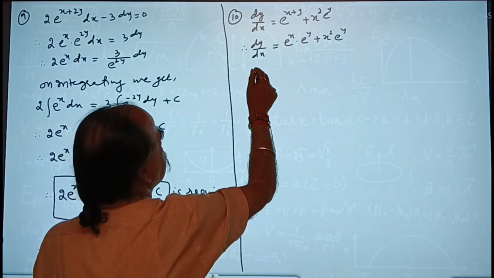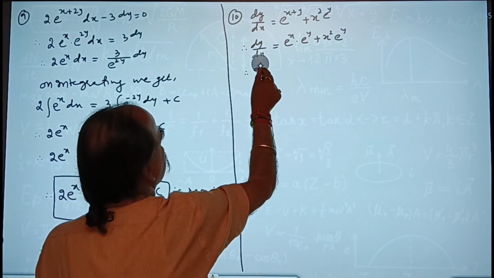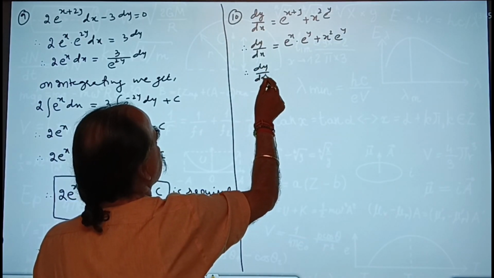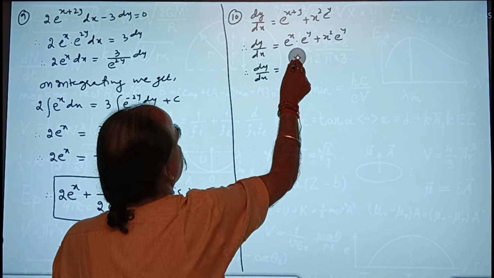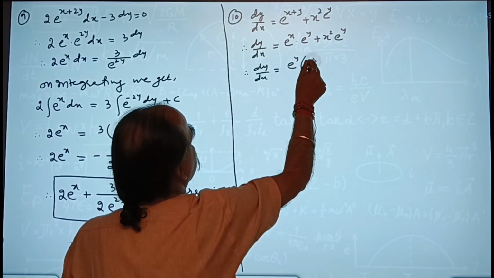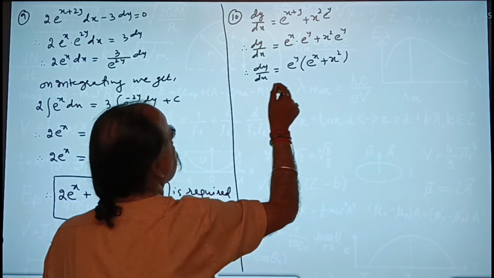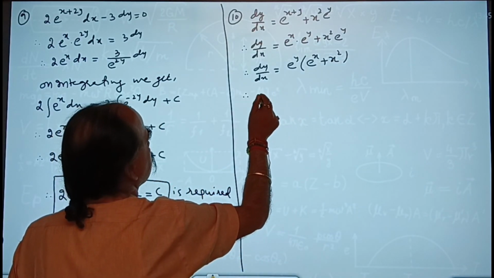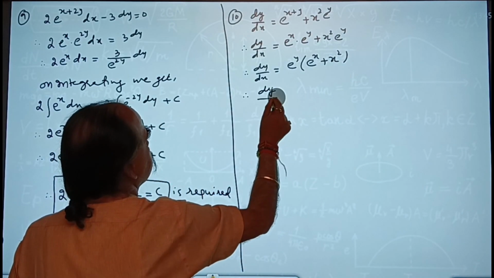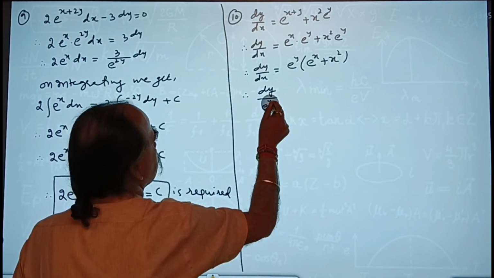We can take e raised to y common: e raised to y into e raised to x plus x square. dy upon e raised to y equals e raised to x plus x square dx.